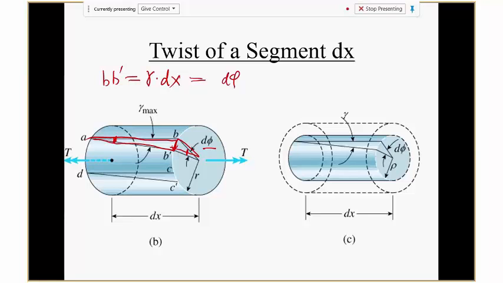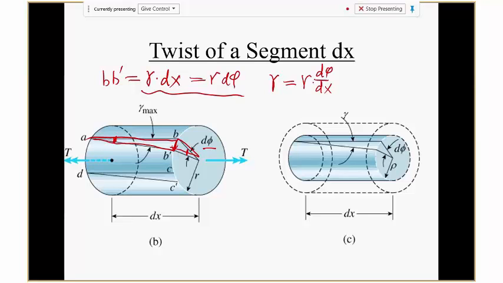What's that distance? It's the radius, r. So from looking at the surface, you have the first part; if you look at the cross-section, you have the second part of this equation. So we have this relation here. What does this mean? That means the shear strain gamma is equal to r times d phi over dx. In other words, if I know how much this rotation is, then I know the shear strain. That's the first point.